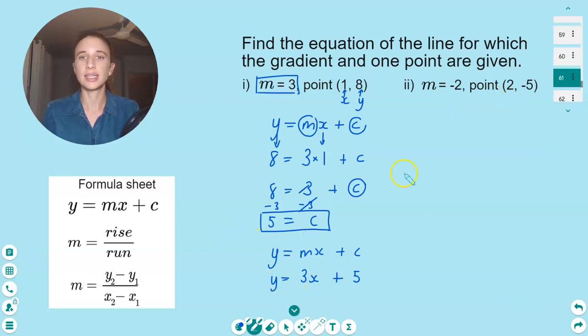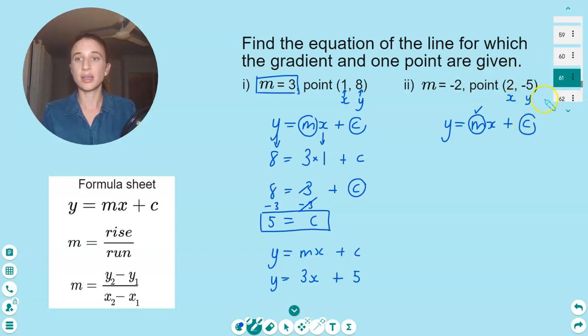Okay, let's try this one together. The equation of a line has the general form y equals mx plus c. We know we need to find m and c. If I look at the information given in the question, I have m, which is great, and I have a point that I can label straight away as giving me x and y.